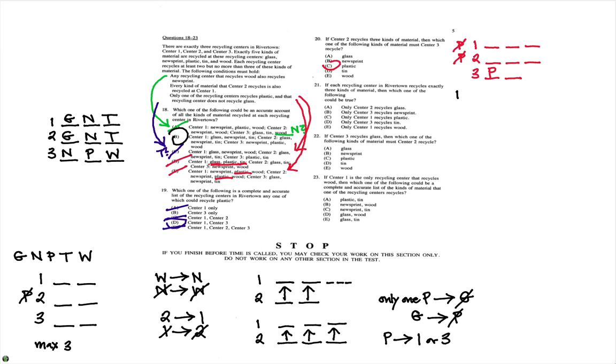So again, we're in the scenario where we have all 3 centers recycling exactly 3 materials, which means that centers 1 and 2 are recycling the exact same set of materials, which again tells us that plastic cannot come in centers 1 or 2, which means that plastic must show up in center 3. We know that that means glass cannot be recycled in center 3, which means glass must be in centers 1 and 2.